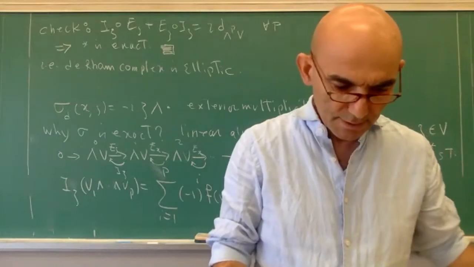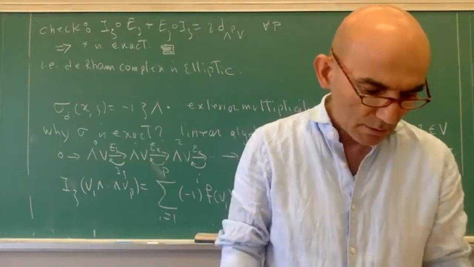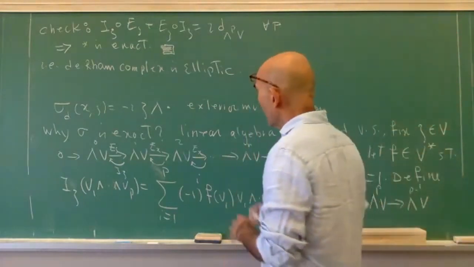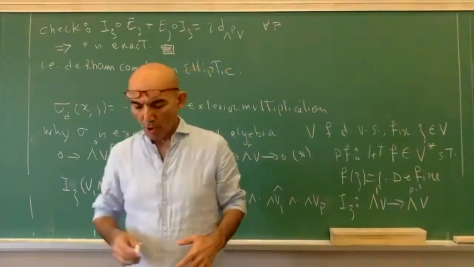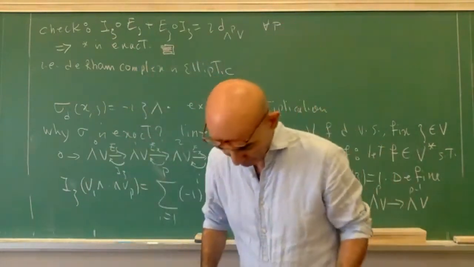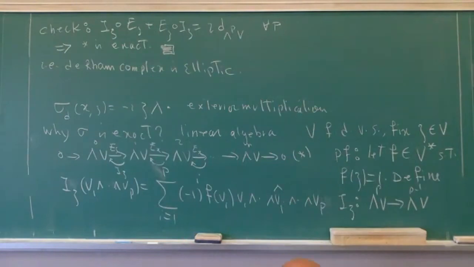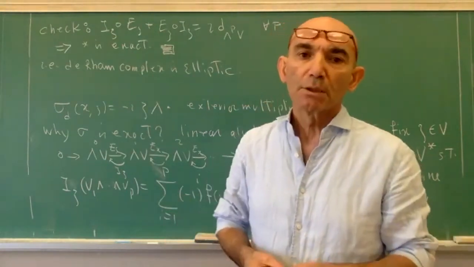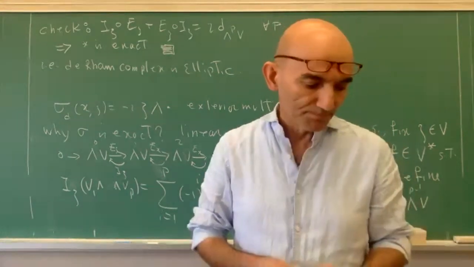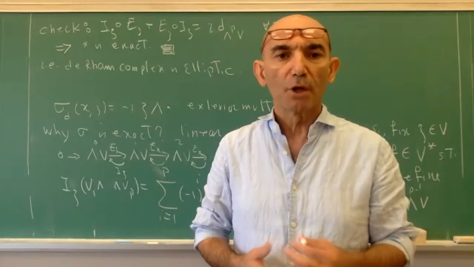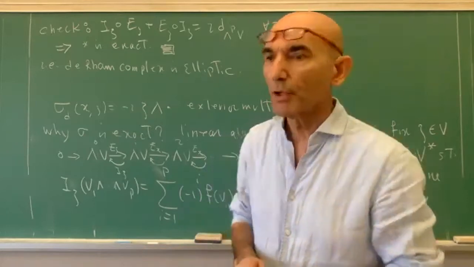What else? Now there are two classical results about the de Rham complex that we are going to generalize to elliptic complexes in general. One of them is the de Rham Theorem, the other one is the Hodge decomposition theorem.